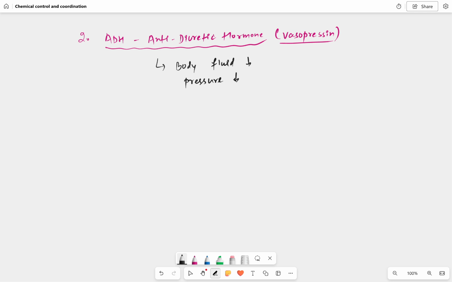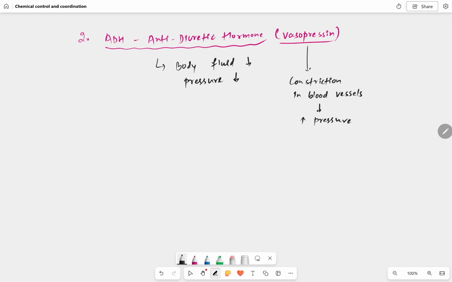So first thing is that this ADH from the posterior pituitary is causing the constriction in blood vessels. This constriction in blood vessels will narrow down the blood flow area and increase the blood pressure.